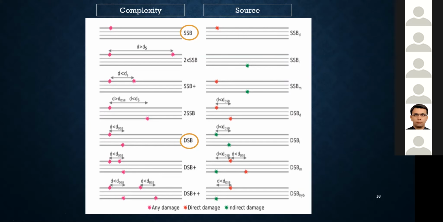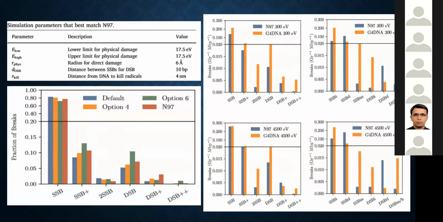Direct would be the electron hitting the DNA directly, and indirect would be the other species that were created in the physical-chemical stage. So like that, we go classifying by complexity and source. When we want to model something, we have to have this kind of classification, and these are the results obtained at this moment.